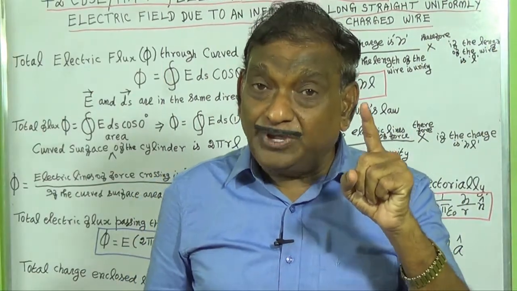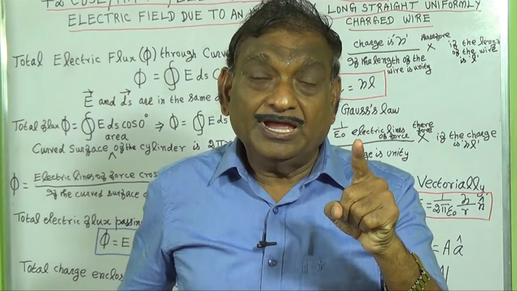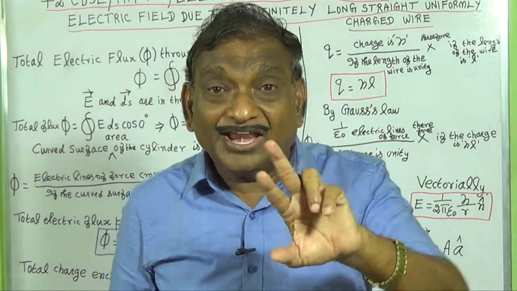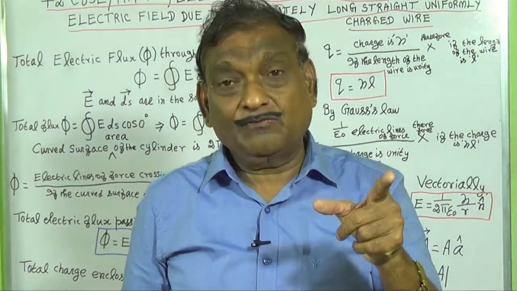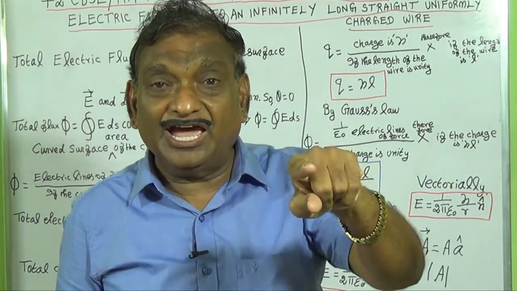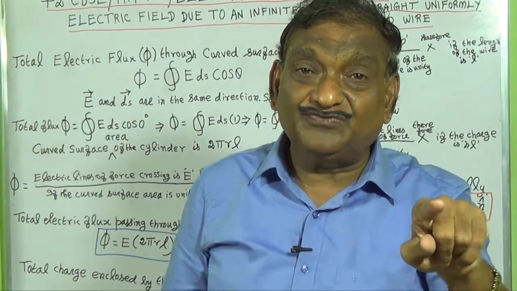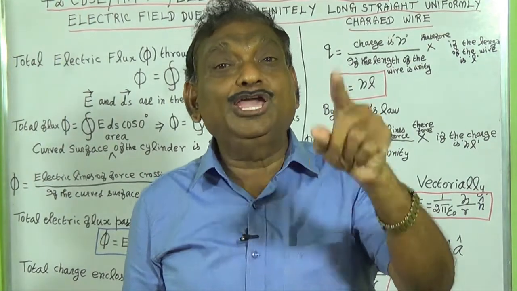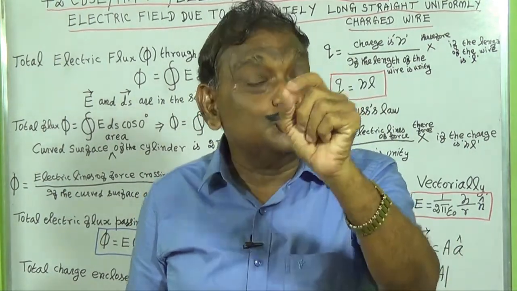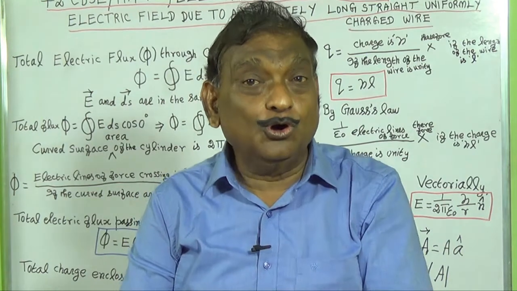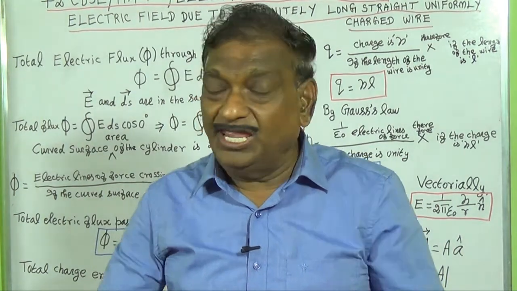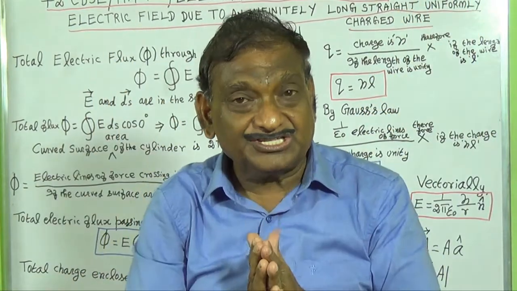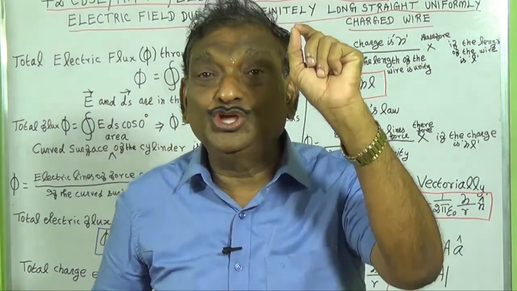In the case of end caps, the E vector and ds vector are right angled to each other, so the angle between the E vector and ds vector is 90 degree. We know that the value of cos 90 degree equals 0. So there will not be any electric field at the end caps. That is, the electric field will be 0.